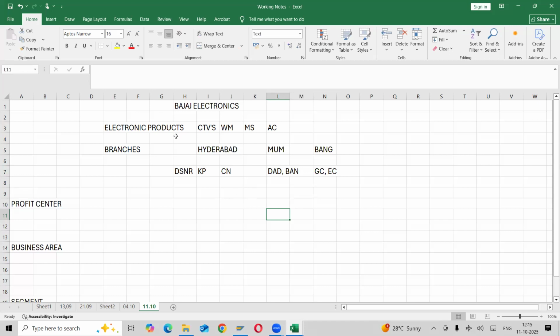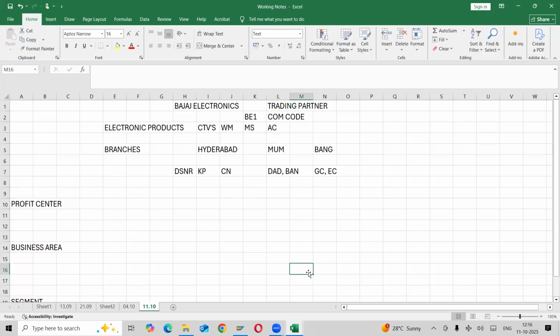So for my company code, I'm taking one company code, for example BE1, Bajaj Electronics 1. This is my company code, and this is my trading partner.